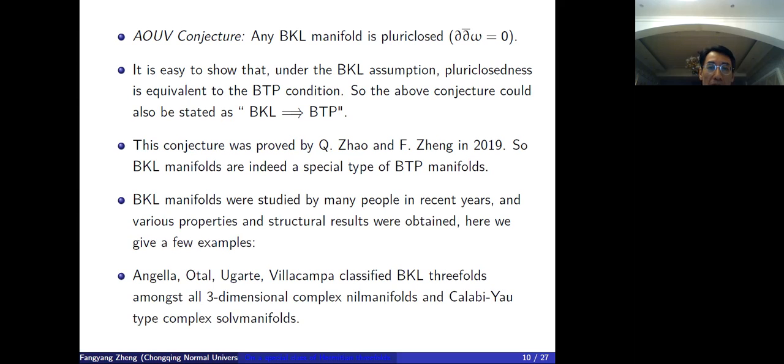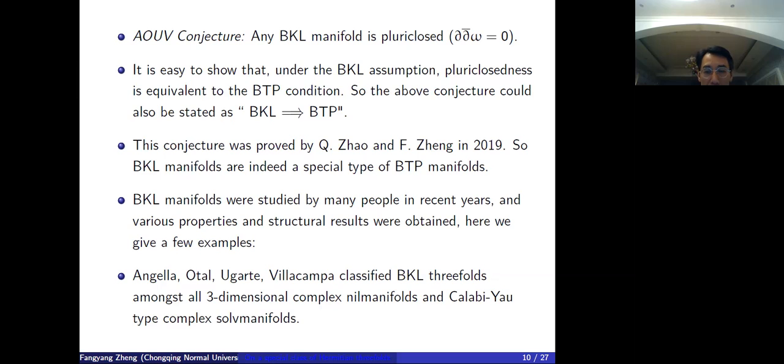They classified all the BKL threefolds amongst these three-dimensional complex nilmanifolds and Calabi-Yau type complex solvmanifolds. So they are altogether maybe 30 or so. It's fully classified, right? So they basically just check case by case and found out all the BKL ones.